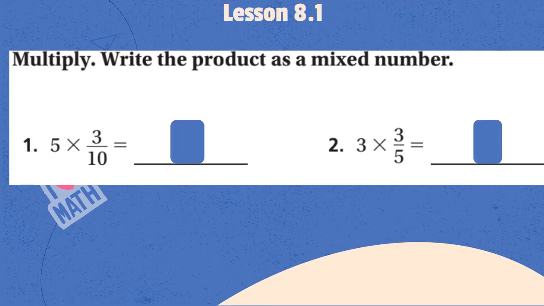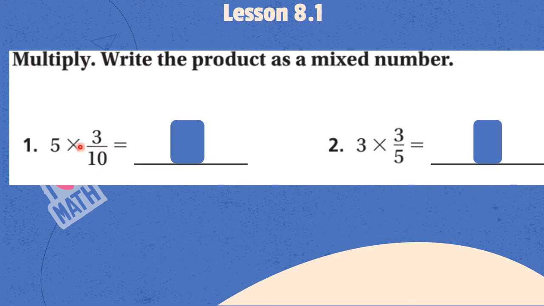Here the question says multiply and then write the product as a mixed number. We know that if we want to multiply a whole number by a fraction, we're just going to multiply the 5 by the 3 and then put it over the same denominator.